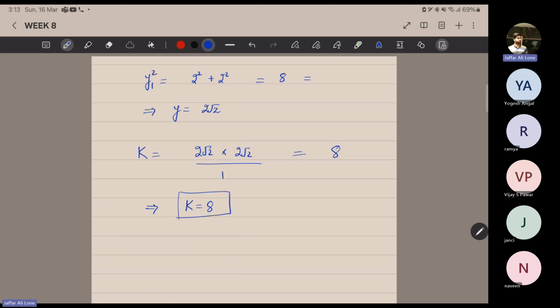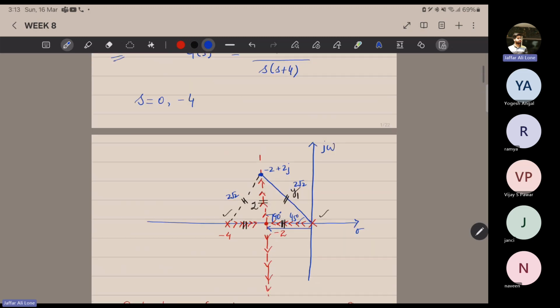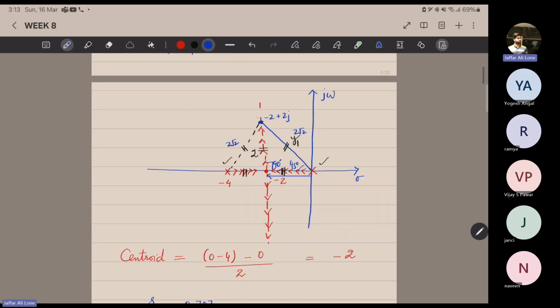So this was one method, right? The other method, as we learned in root locus, is that since this point lies on the root locus, it should satisfy the magnitude condition. I'm not talking about dominant poles right now.